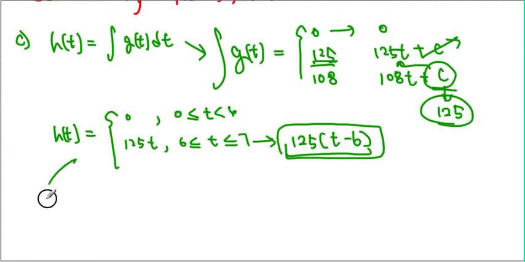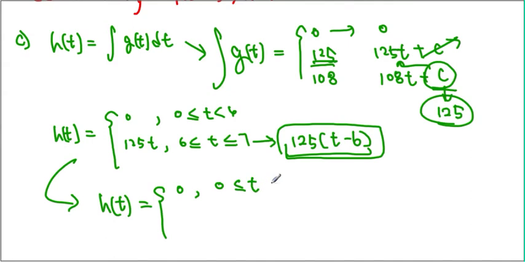So then this can be transformed into h of t equals 0 from 0 to 6, as we all know, and 125 times t minus 6 for t from 6 through 7.